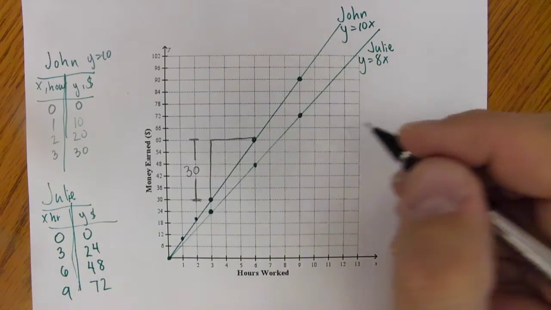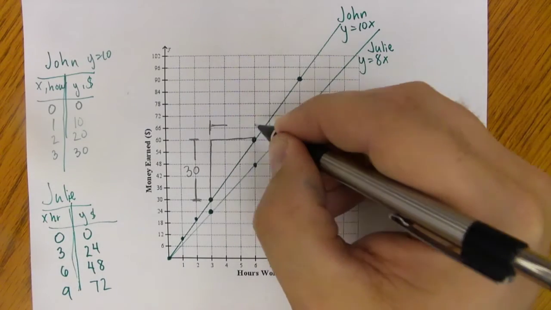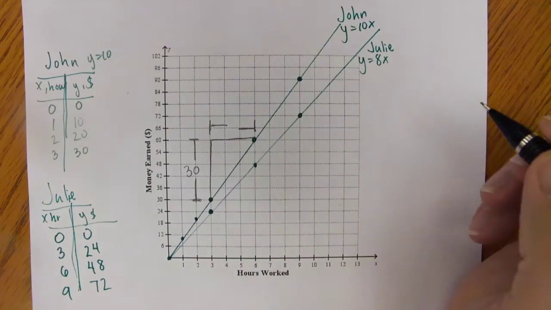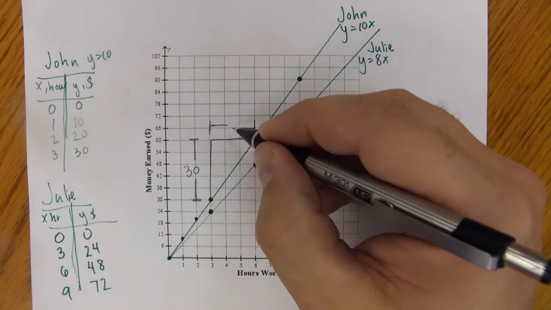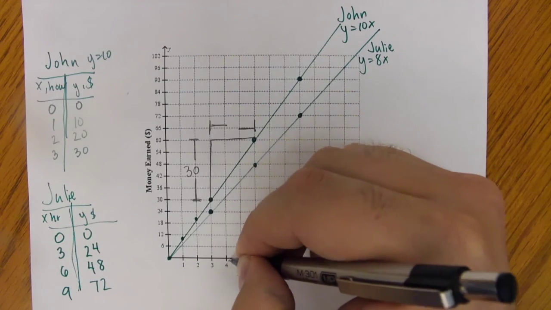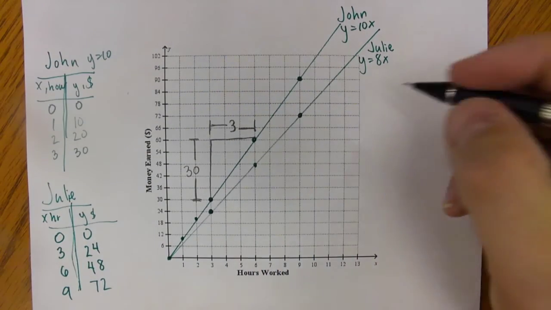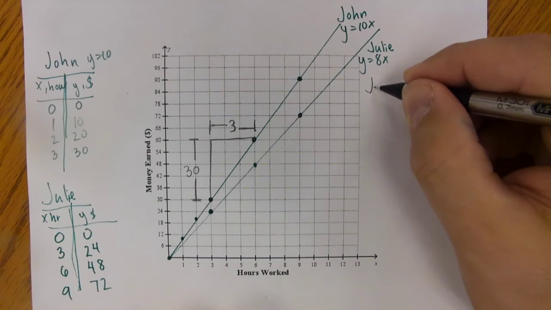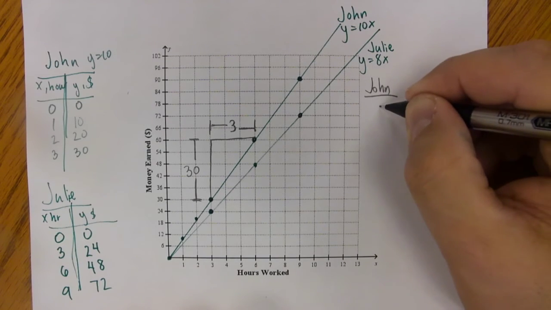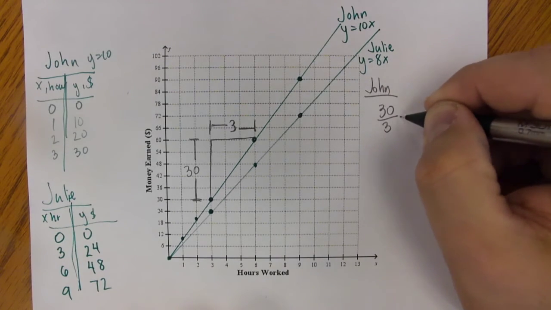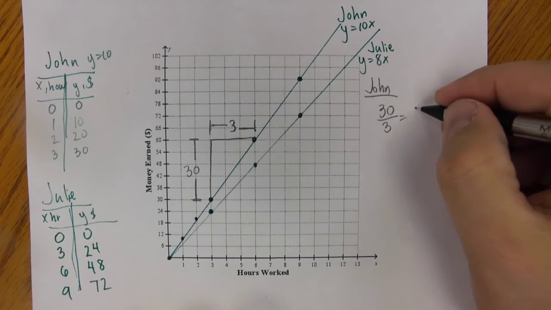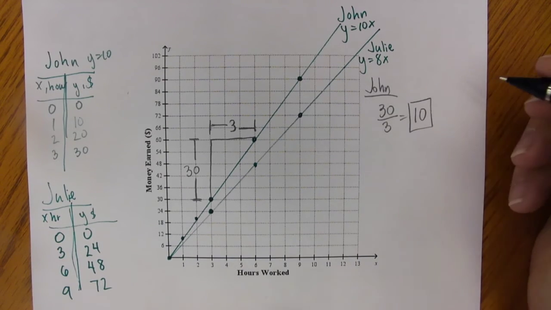So this is a rise of 30. It's a run of, how much does it go to the right? This is just counting by 1, it's 3, 4, 5, 6, so it's only going 3 over. So the slope for John is up 30, right 3, giving me a slope of 30/3, which is just 10.